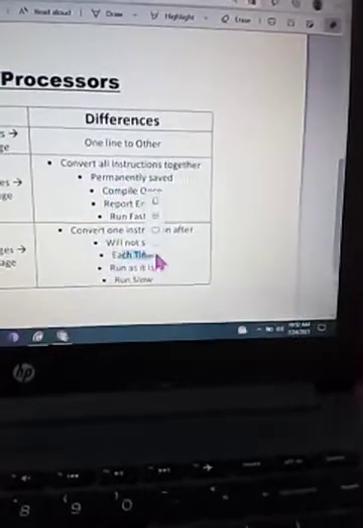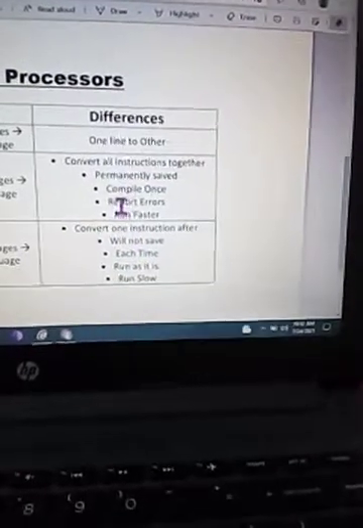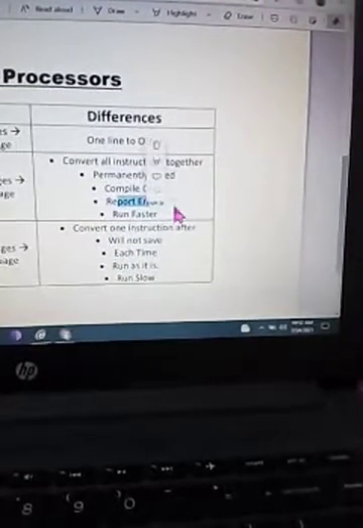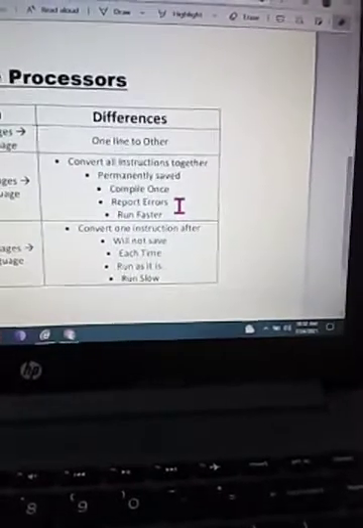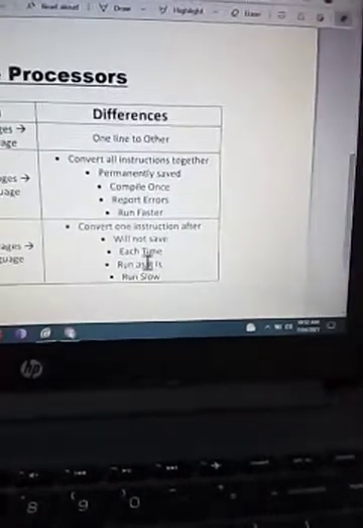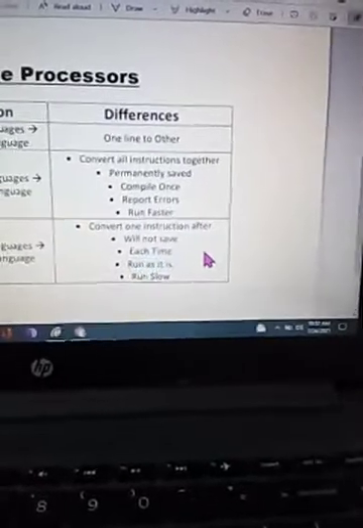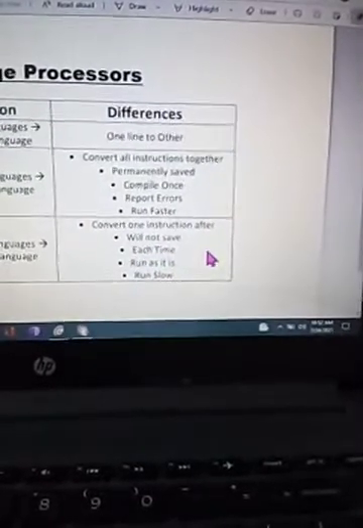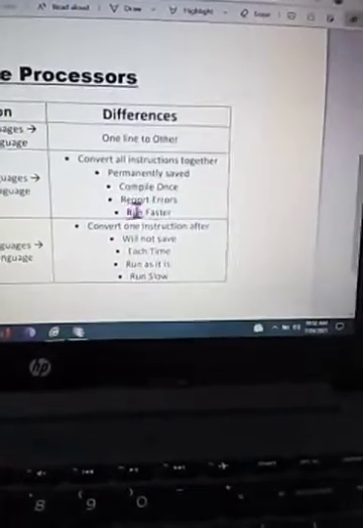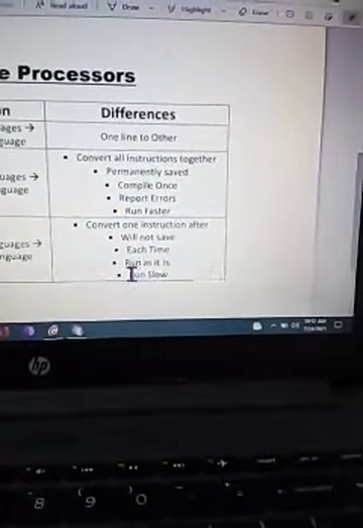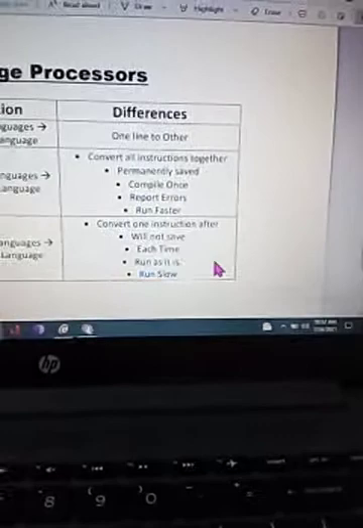Each time it interprets, and it reports the error, that means finds the bug. But here, whether it is wrong or right, it will run the program. And which one is faster? The compiler is faster, but the interpreter is slow.